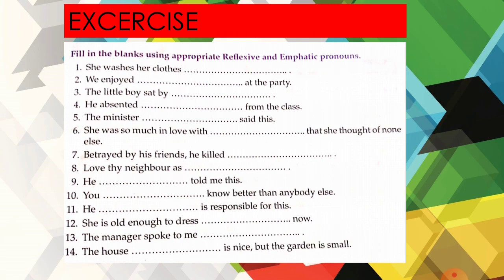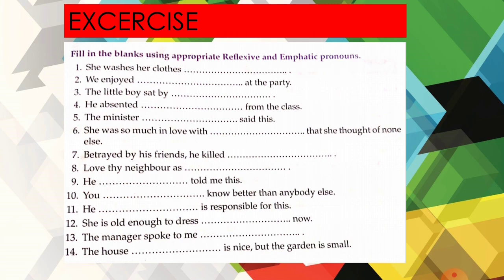The minister himself said this. The minister can also be herself. She was so much in love with herself. Betrayed by his friends, he killed himself. Love thy neighbors as thyself.